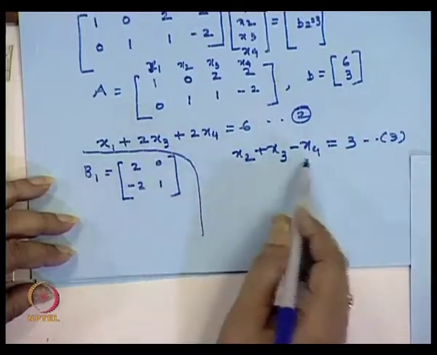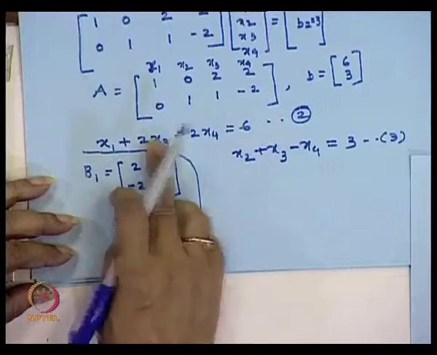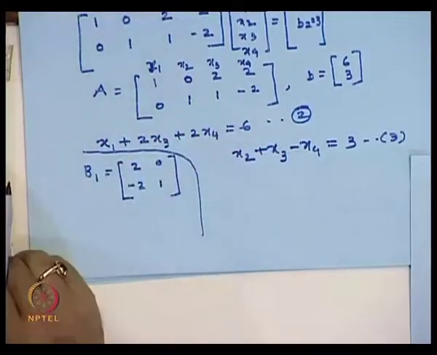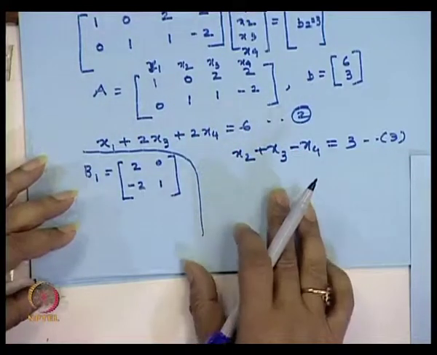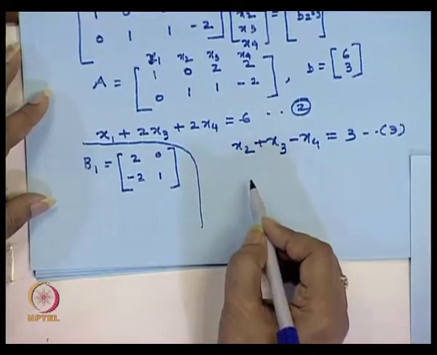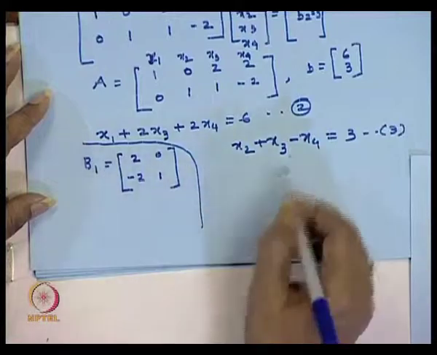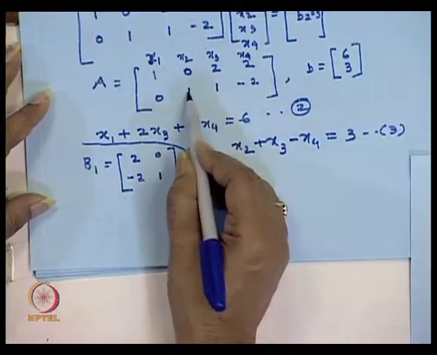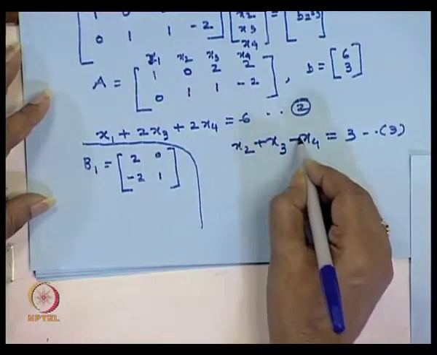Then how will you remove it from this place? You have to do some elementary operations. If you see this one, this is x 2, x 3, that is 2 x 4, and here 2 x 4.